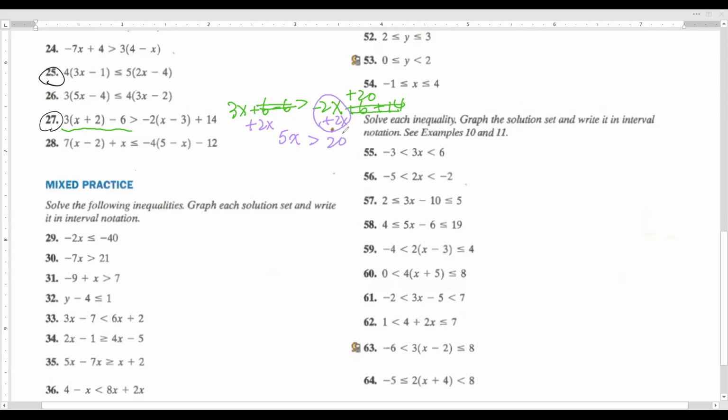Now we can simplify more. Both sides divide by 5. 5 is a positive number, so we don't need to change this alligator mouth. The rest will be here. If you write the interval notation, be careful: x is greater than 4, so 4 is the lowest number, and then positive infinity. That's it.